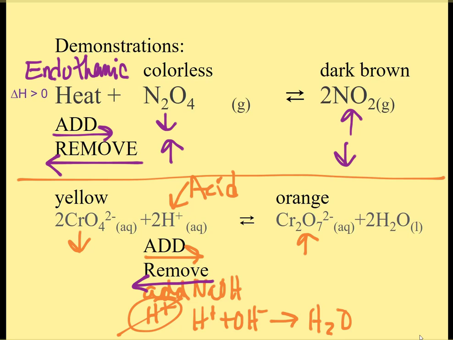So I am going to see this get more yellow when I remove that hydrogen ion. Notice I didn't put anything down under the water, and that's because this water is a liquid, and so I am not influencing the concentration of the water at all, so I can't change the density.